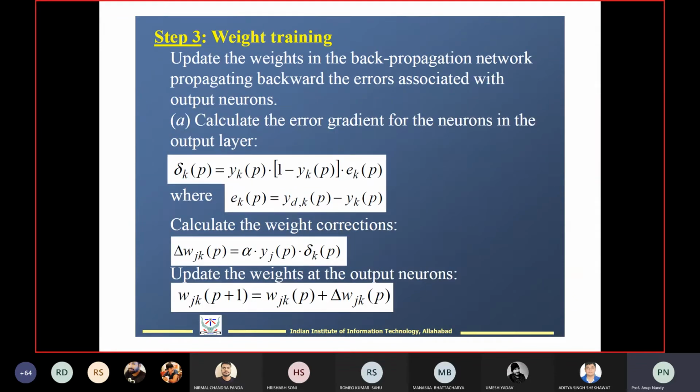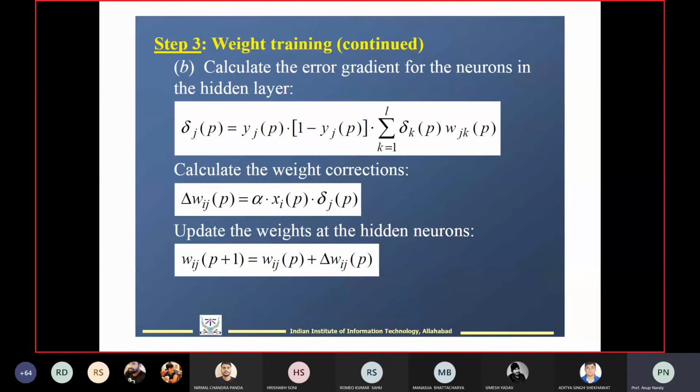Here there was yjp because j was considered to be in the hidden layer, in the previous layer. But here it is xi, because you have to take the previous layer's output, that is xip. xi is the previous layer of the hidden layer, actually the input layer.